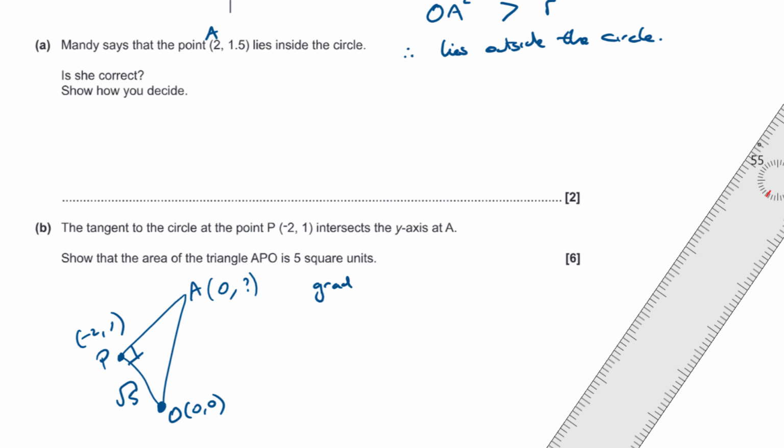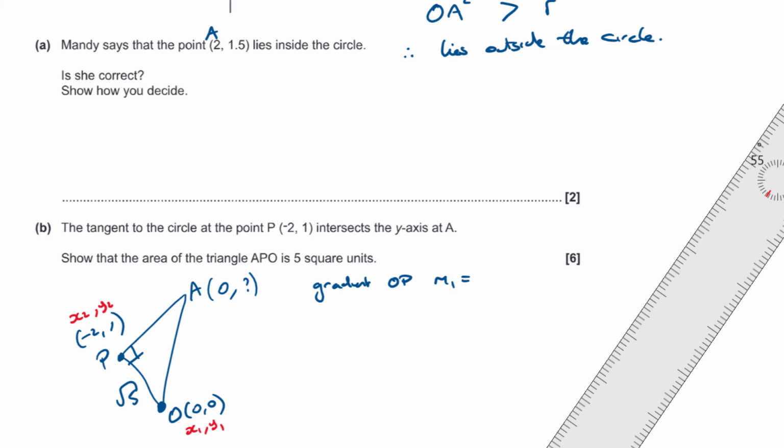So the gradient of OP, let's call it M1, that's going to be the change in Y. So Y2 minus Y1. So let's call this X1, Y1, and this X2, Y2.